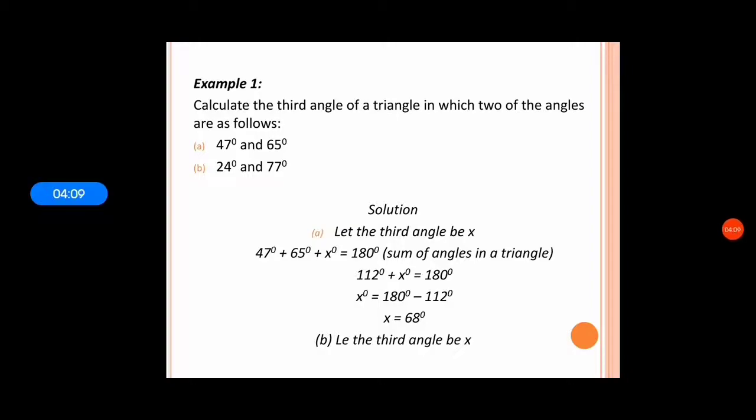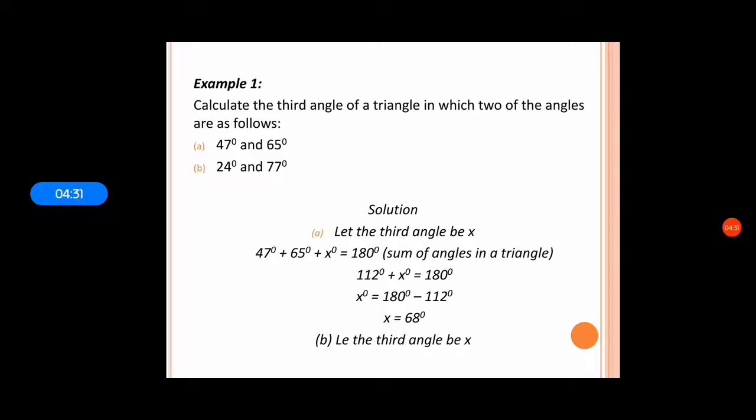So if you now add 47 plus 65 plus 68 degrees, it will give you 180 degrees, which stands for sum of angles in a triangle. Now, the second solution, we'll do it the same way we did the last one.